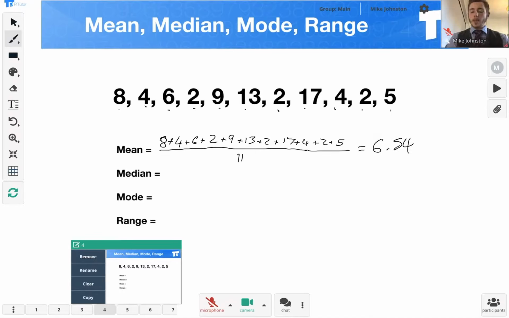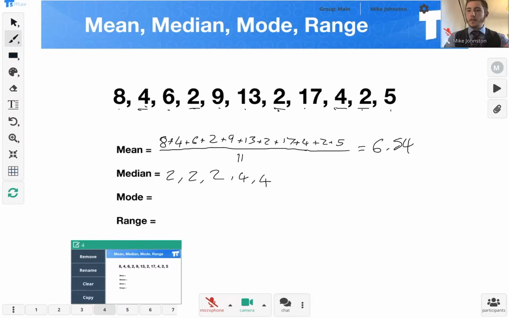Okay, and then the median, we need to put all of these numbers in order, smallest to largest. So we've got three 2s, so 2, 2, 2, and then we've got two 4s, 4 and 4.